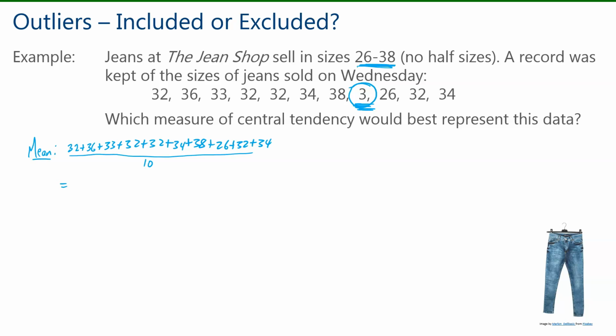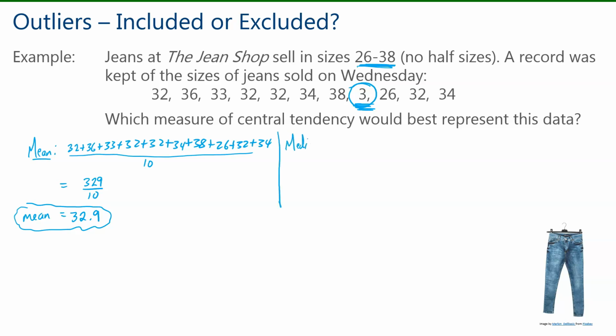When we add the values in our numerator, we get 329. We divide by 10. That gives us a mean of 32.9. Before we get into a discussion as to which measure of central tendency we're going to use, let's actually calculate or find the other two.